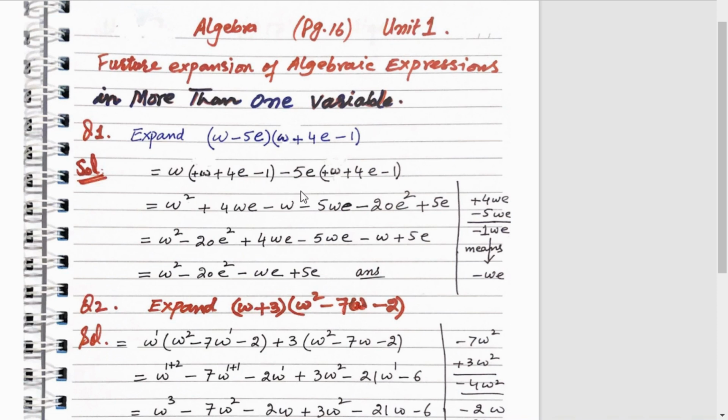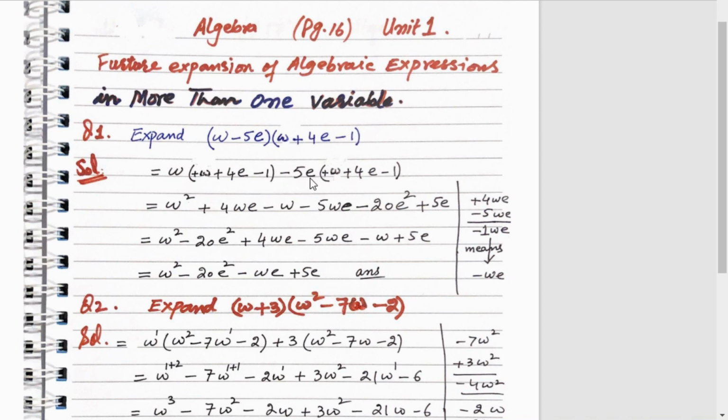Now come to the second bracket. There is a minus sign. It means all the signs of the inner terms will be changed. Whenever you have a negative sign with a multiplicative factor, you should be ready to change all the signs one by one when you multiply this term with the internal terms.